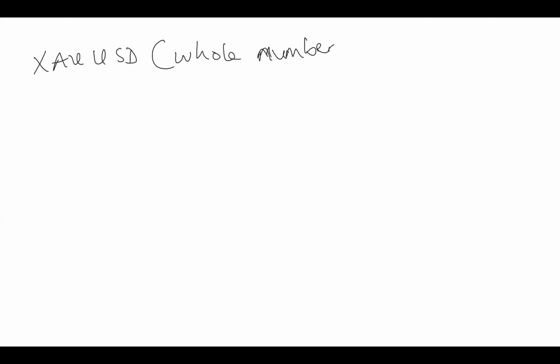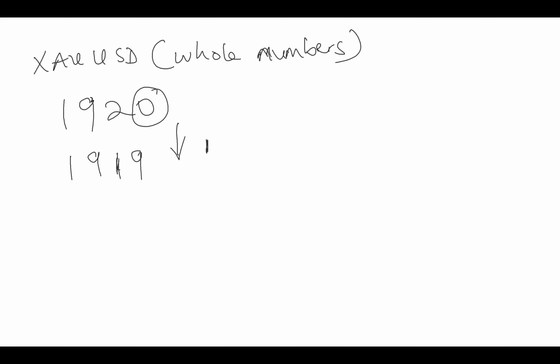So if the current price of gold is 1920, this is what you're counting. If gold drops by 1, this is 1 pip.